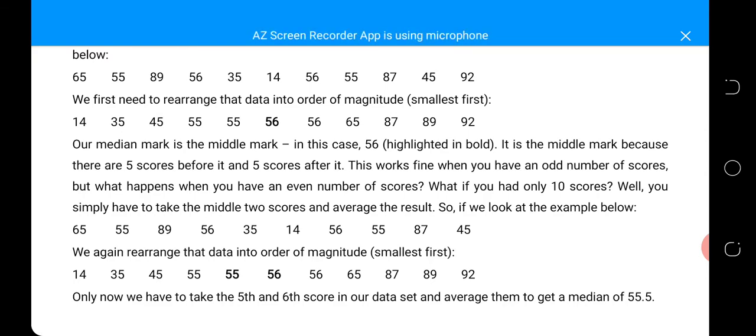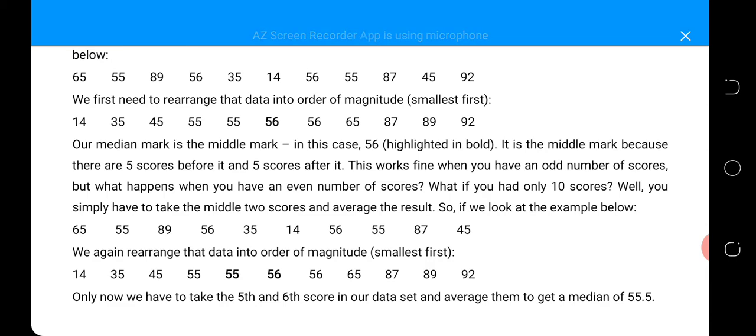After the arrangement, our median mark is the middle mark. In this case, 56, highlighted in bold. It is the middle mark because there are 5 scores before it and 5 scores after it.